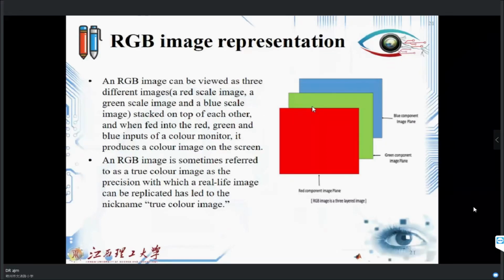An RGB image is sometimes referred to as a true color image, as the precision with which a real life image can be replicated has led to the nickname true color image.